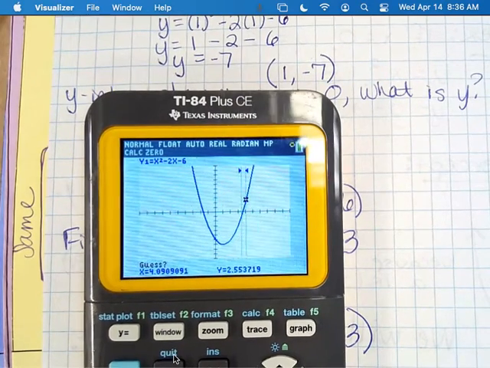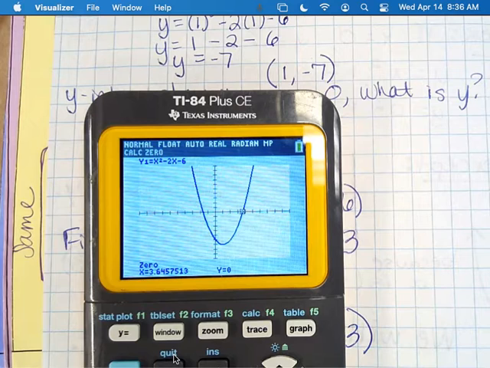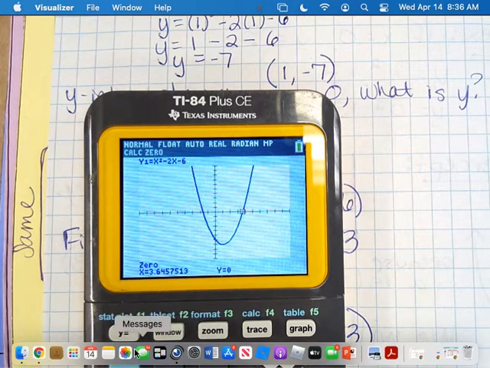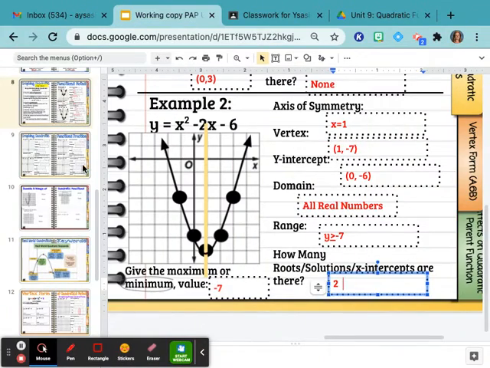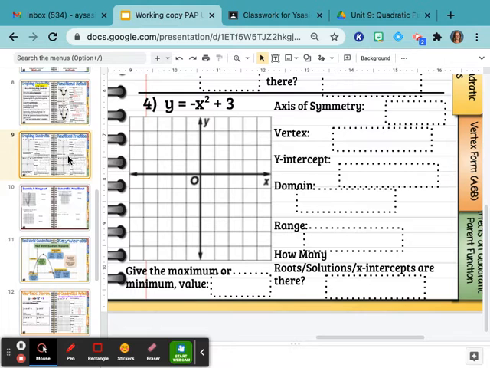Enter, guess, enter. 3.645. So it was -1.645 and +3.645. So I'm going to have you write those down also. And your assignment is going to be slide 9. So y'all will do that on your own.